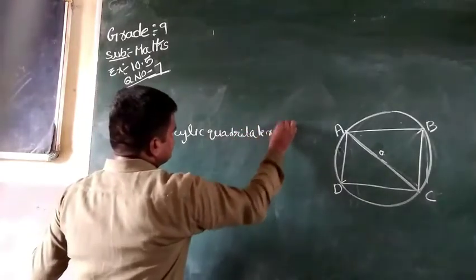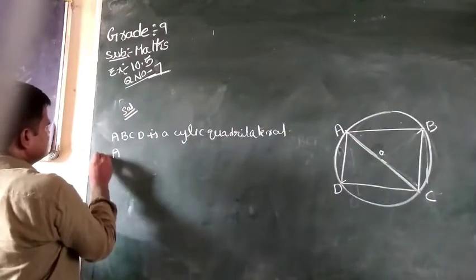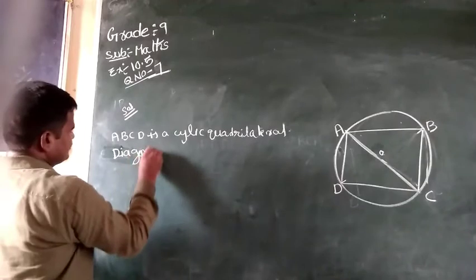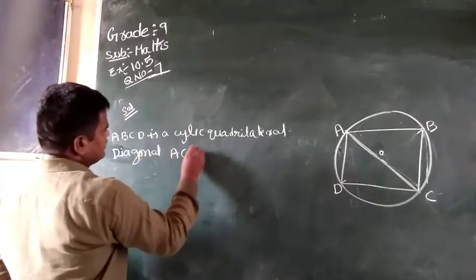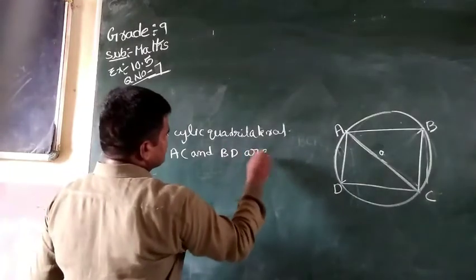ABCD is a cyclic quadrilateral, and the diagonals AC and BD are diameters.